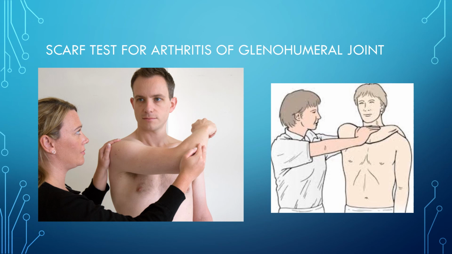This is the final test we're going to look at, called the scarf test, for obvious reasons. This test we're screening for osteoarthritis and also rheumatoid arthritis of the glenohumeral joint.